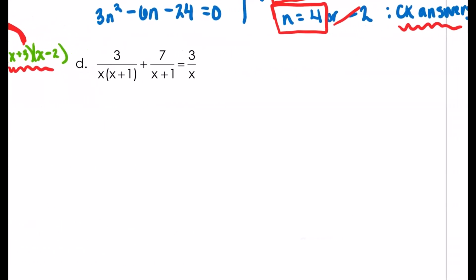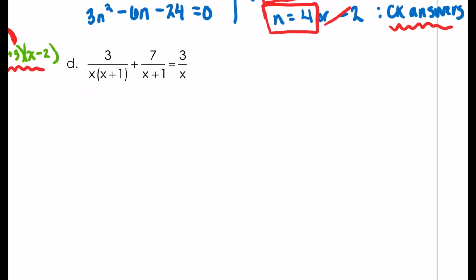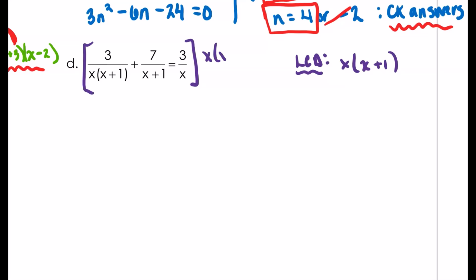All right, example D, 3 over x plus 1 plus 7 over x plus 1 is equal to 3 over x. Okay, notice off to the side here, I've got x, and then x plus 1 is going to be my least common denominator. So I'm going to multiply through by that. And again, remember that you're multiplying each term of the equation by that product.